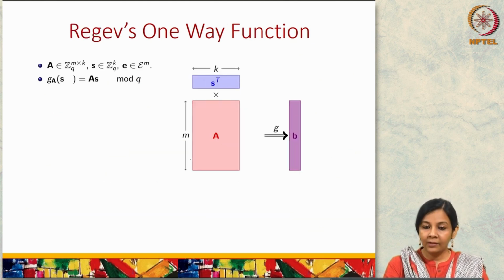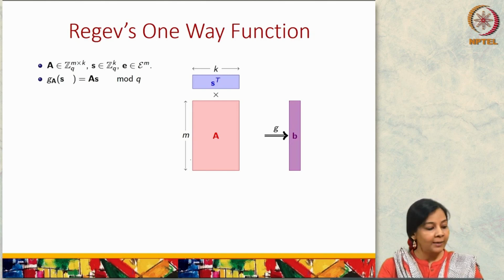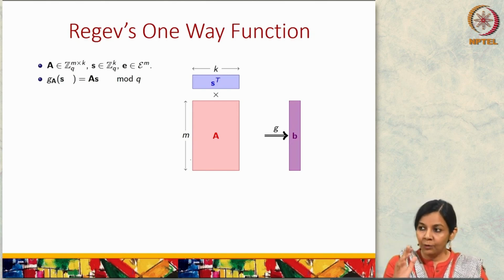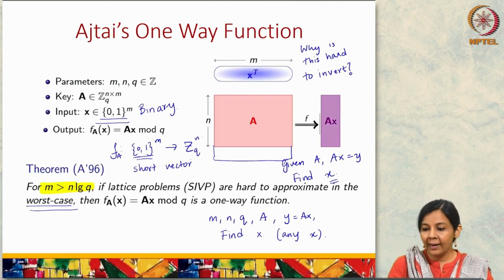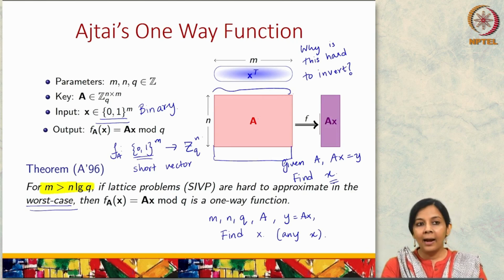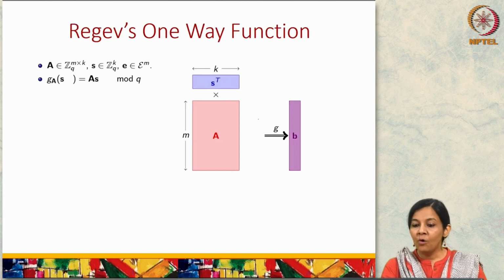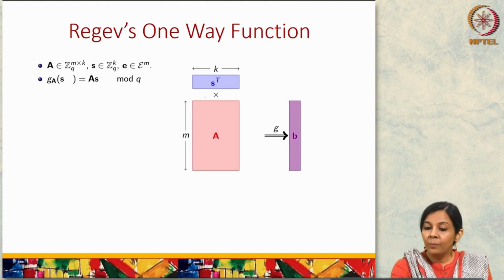Then there is another one-way function which was defined by Regev in 2005. Once again I am taking this random matrix A, but now, instead of multiplying the input vector on the long side, I multiply on the short side. Previously my vector x was multiplied on the long side of the matrix, and x was binary. Now I choose my vector to be over Z_q itself.